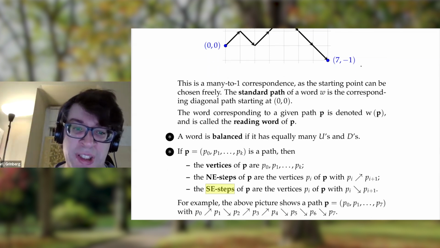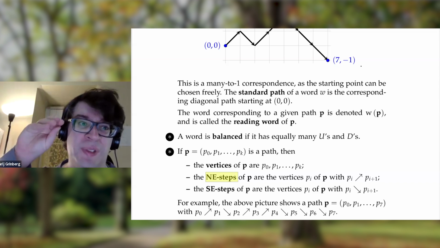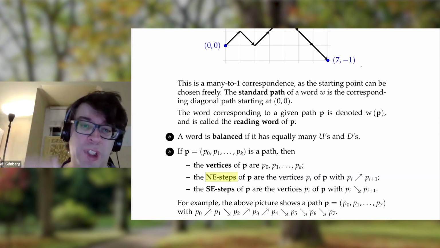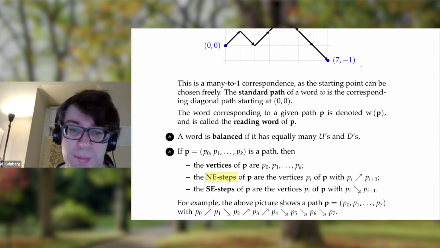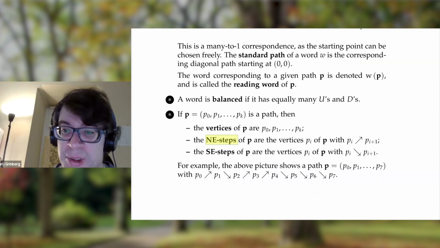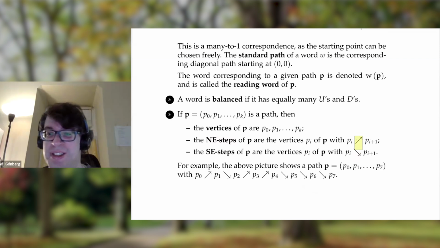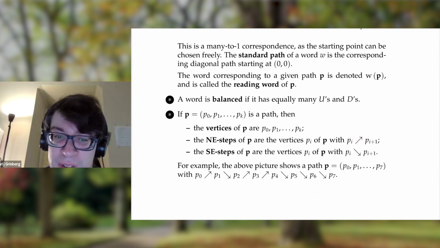NE and SE stand for northeast and southeast. So a northeast step is a vertex from which you go northeast, and a southeast step is a vertex from which you go southeast. And I use this hopefully self-explanatory notation for northeast and southeast.